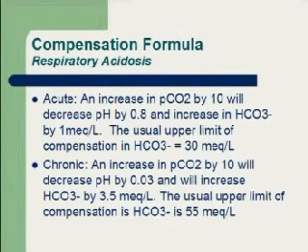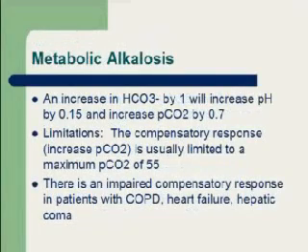A chronic increase in PCO2 of 10 will decrease the pH by 0.3 and will increase the bicarb by 3.5 milliequivalents per liter, the usual upper limit of compensation. An increase in bicarb by 1 will increase the pH by 0.15 and increase the PCO2 by 0.7.